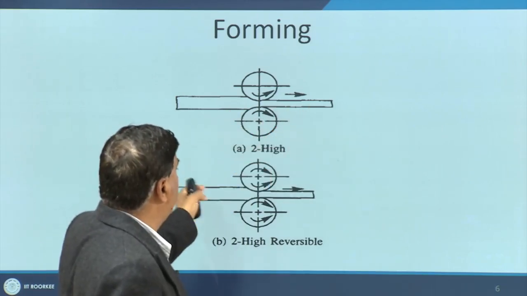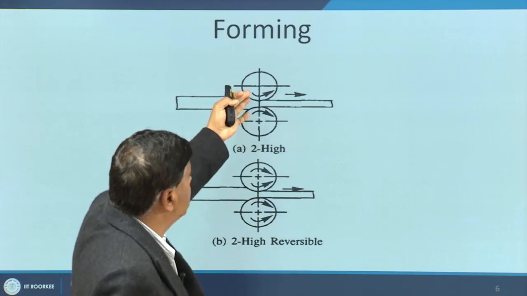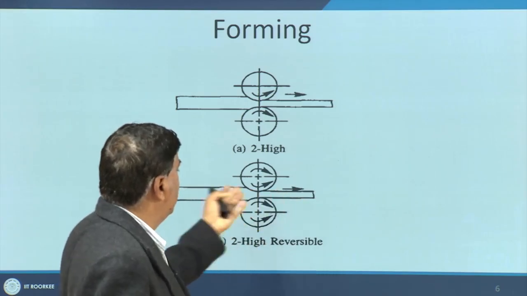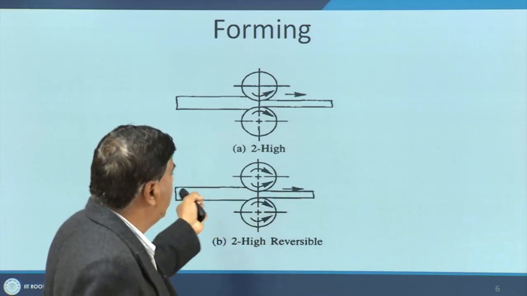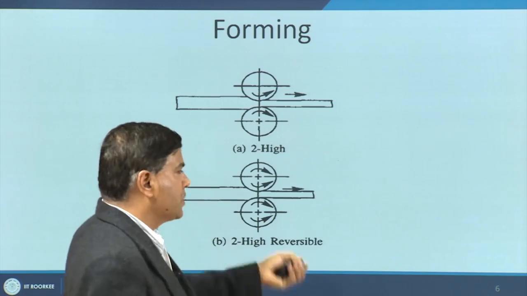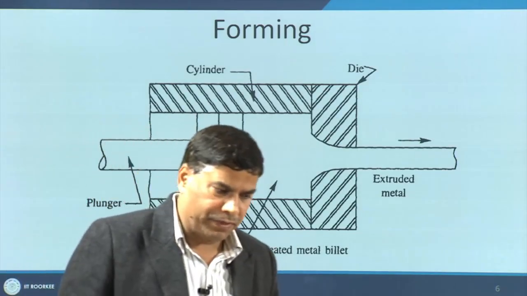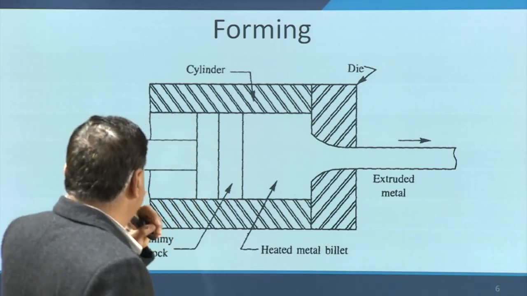In this case the movement of the stock is in one direction, and in this case it reverses, movement is in both directions, so that every time there is a reduction in the thickness of the plates.